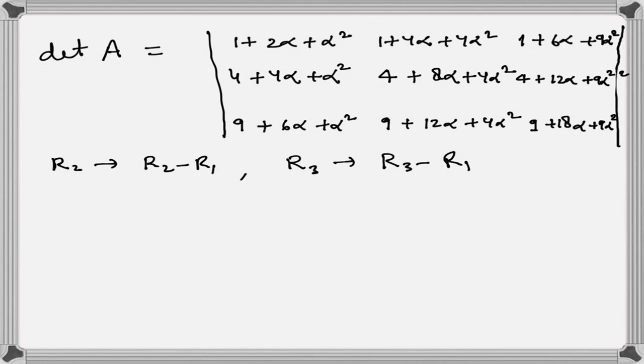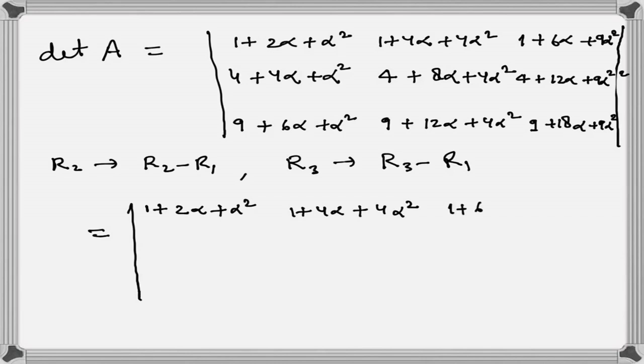As we know, with these elementary row operations the determinant doesn't change. There is no change in the first row: 1 plus 2 alpha plus alpha square, 1 plus 4 alpha plus 4 alpha square, and 1 plus 6 alpha plus 9 alpha square.